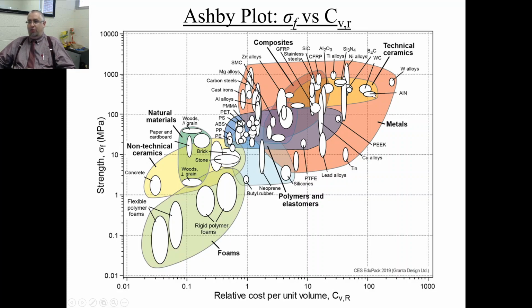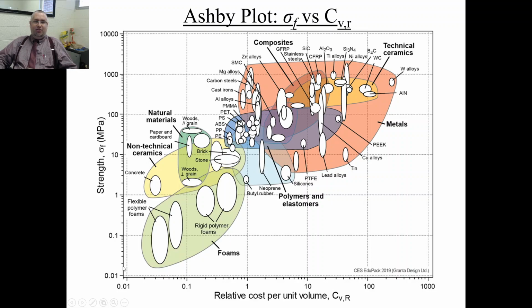So this gives you a whole range of the costs associated with all of these different materials. So that's one neat Ashby plot that has a slightly different type of axis, which is a cost instead of a material property.